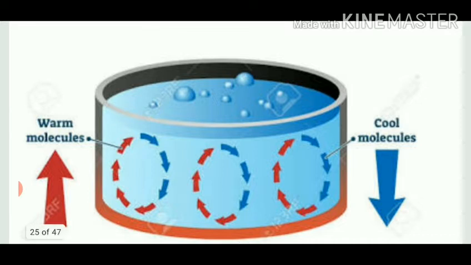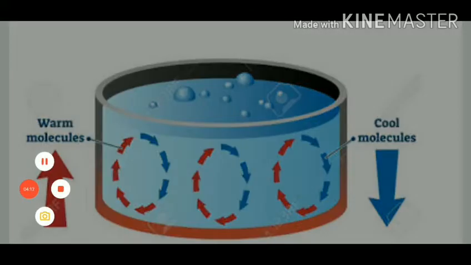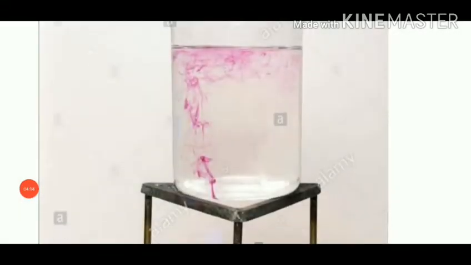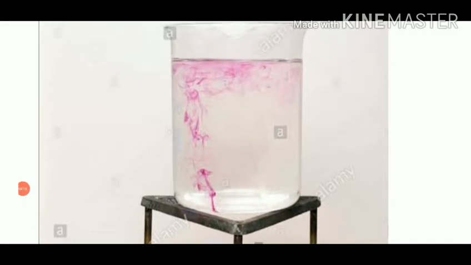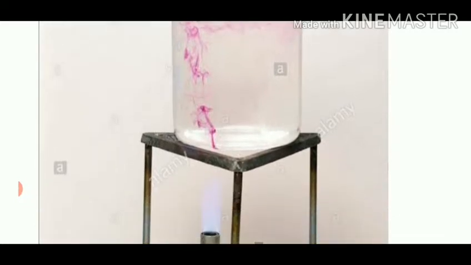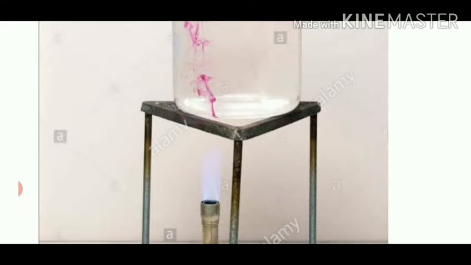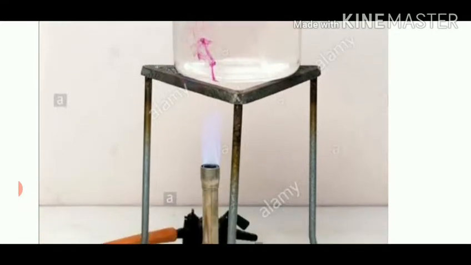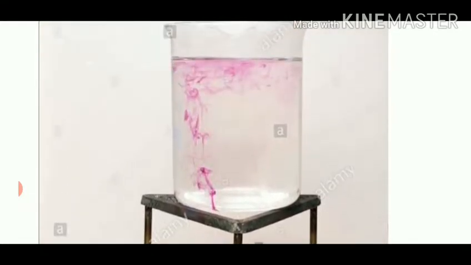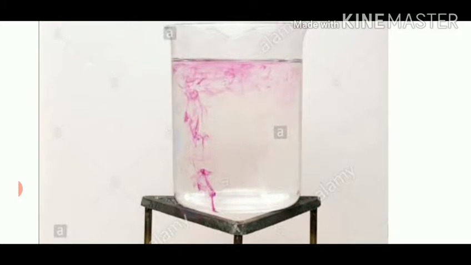Now, the process of convection we will study with the help of a simple activity. For this activity, you require a beaker filled with water. Set up a tripod stand over a burner and keep a wire gauze over it. Keep the beaker on the wire gauze. Gently drop one crystal of potassium permanganate in the beaker.